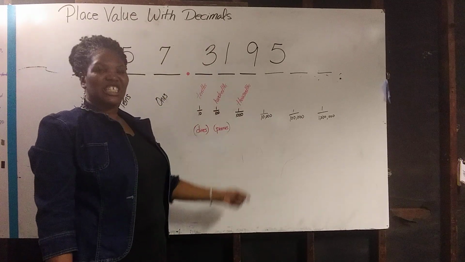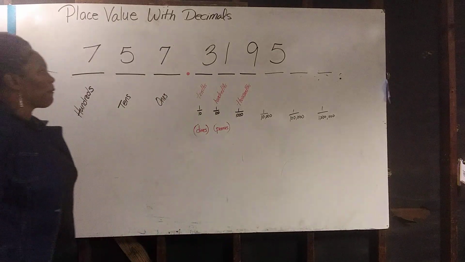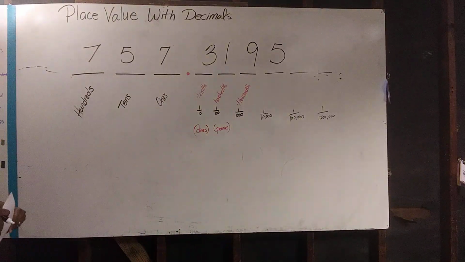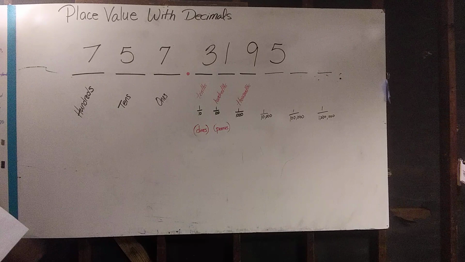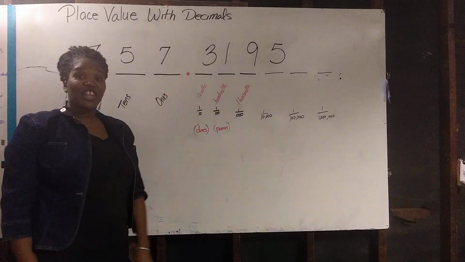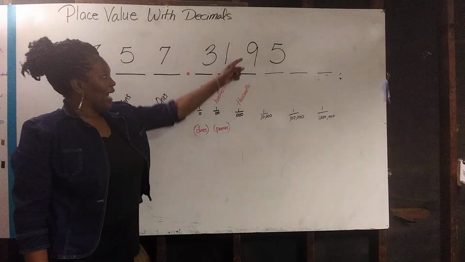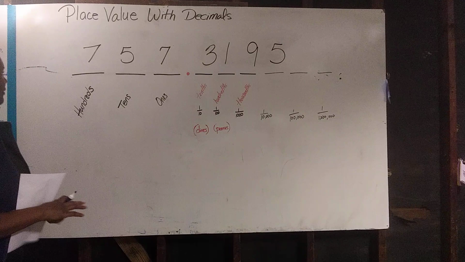The thousandths place is right behind the hundredths place. What place is the 5 in? It's in the tens place. Good. The 1 is in the hundredths place. The 9 is in the thousandths place. Good job.